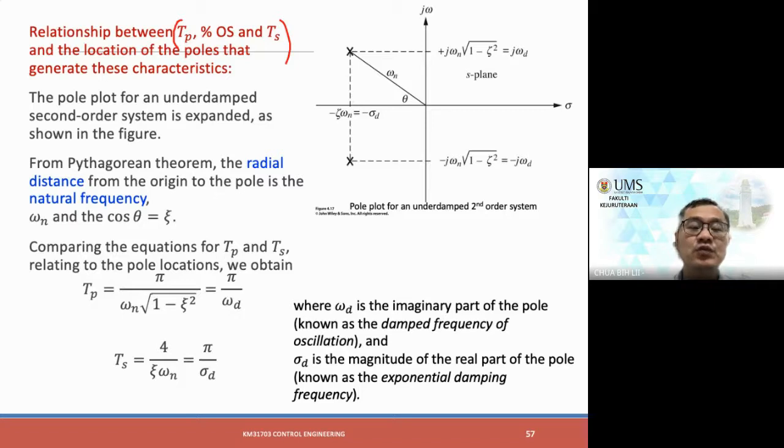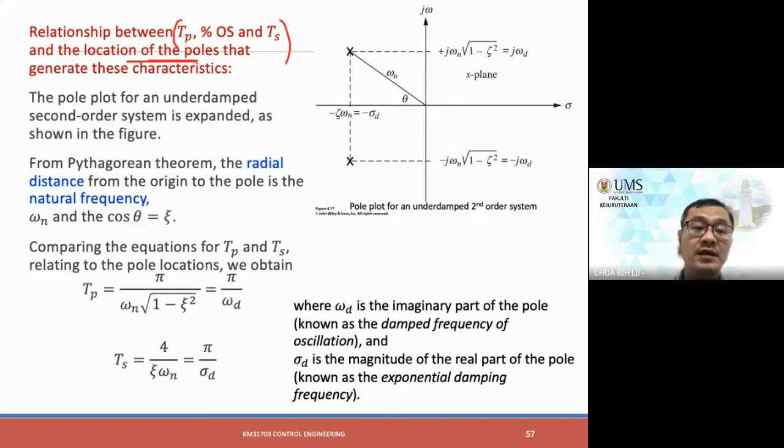When we want to design the system, we would like to change it such that all these characteristics of the transient response meet our design criteria, right? So if there is a way to relate them with the locations of the poles, then that would be the best way of doing it, right?